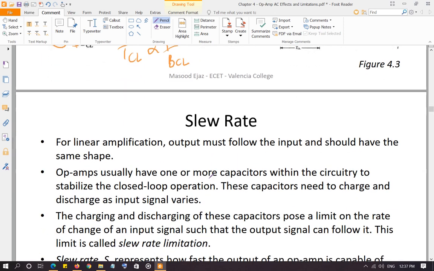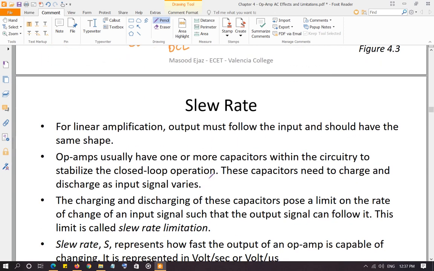Now, what is slew rate? One is the rise time due to the closed loop bandwidth, how it affects the output going from 0 to 1, or rather 0 to the peak value. What is slew rate?